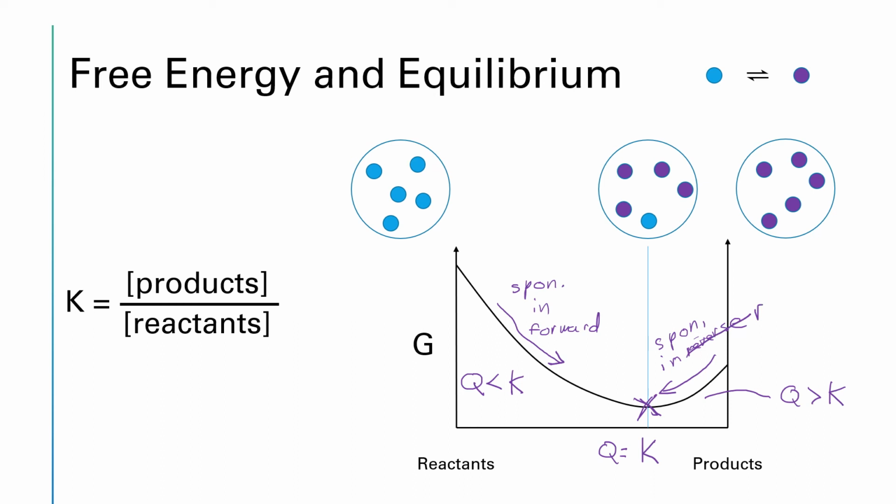You can't even read that. Let's say reverse. Spontaneous in the reverse direction. So if Q is bigger than K, the thermodynamics pushes the reaction in the reverse direction until enough products have been converted into reactants so that Q is equal to K. So that's kind of the thermodynamics argument behind why some reactions will reach an equilibrium mixture instead of going all the way to completion. The bottom line is that that equilibrium mixture has a lower Gibbs free energy than the plain products would.